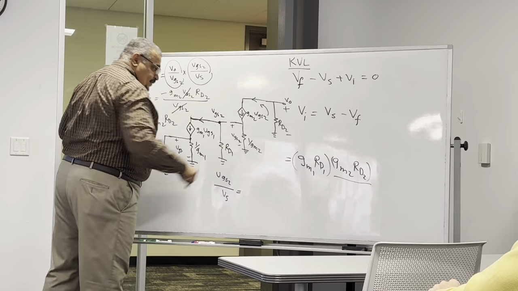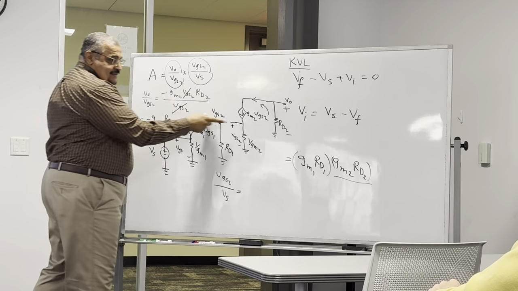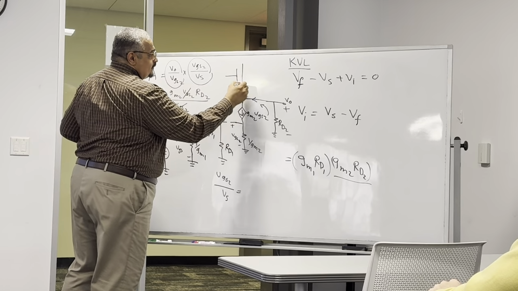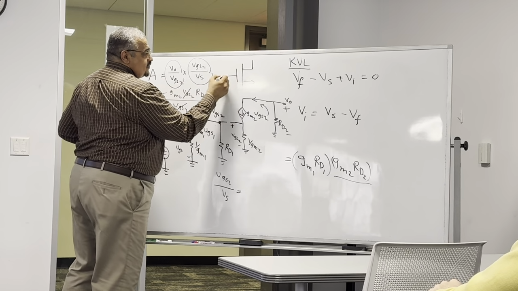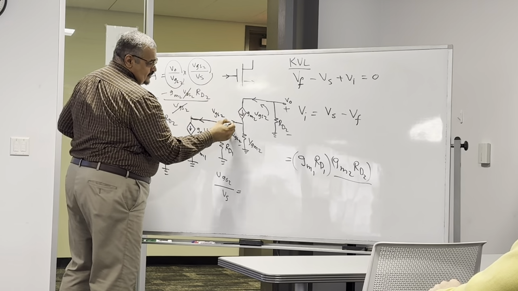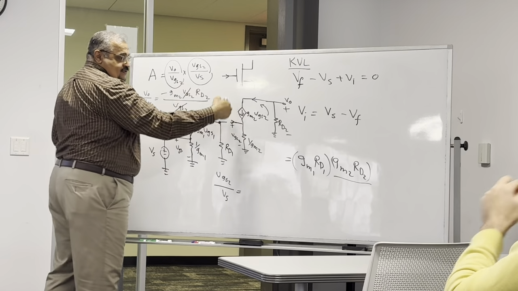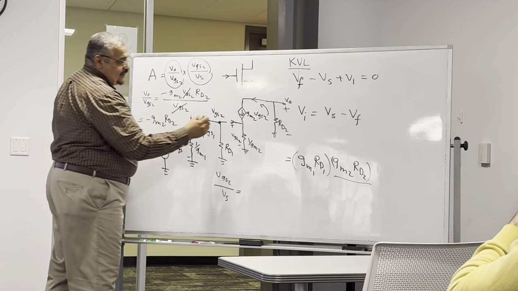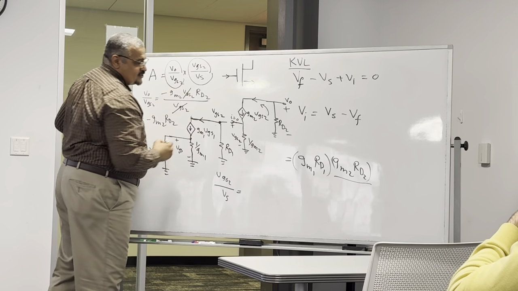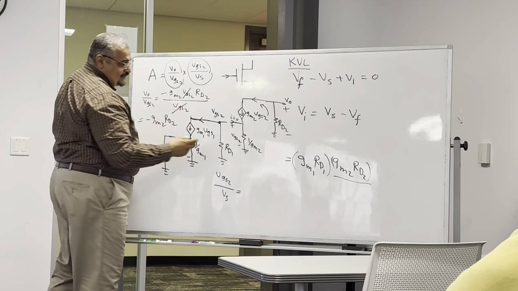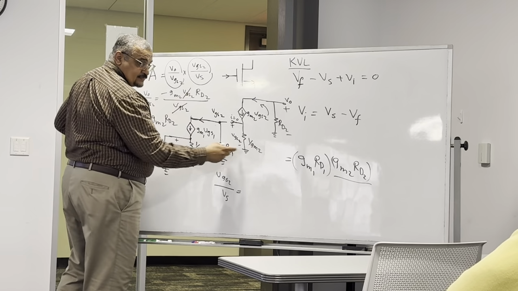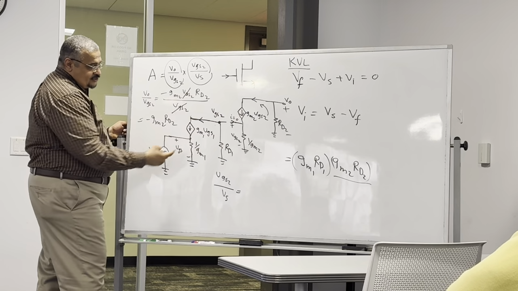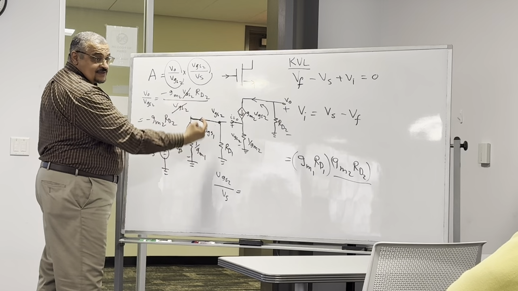Because this is open. This is the gate of a MOSFET transistor, and the gate is isolated, so the current here is 0. There's no current, so in reality, this and this are not in parallel, because you have an open circuit here. So you need just to multiply this by this.